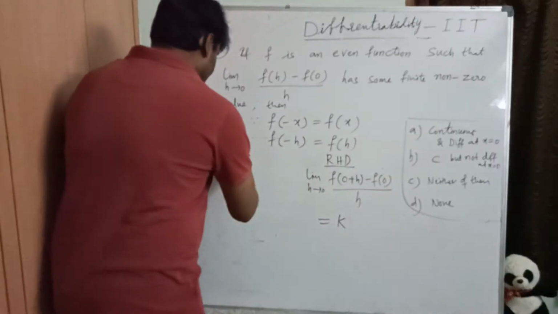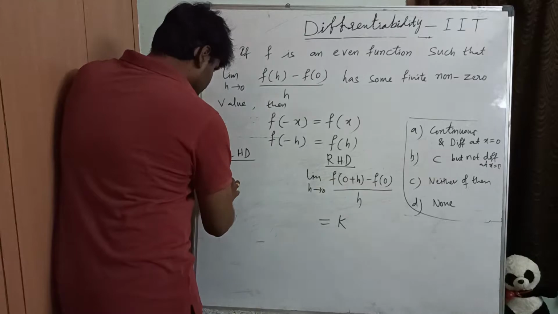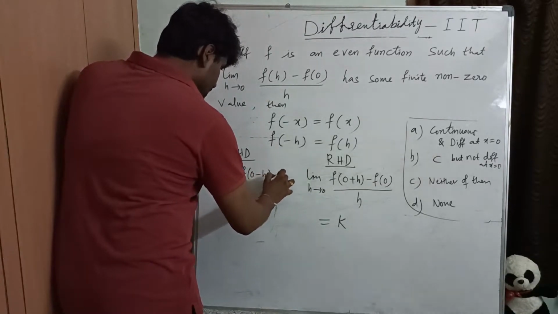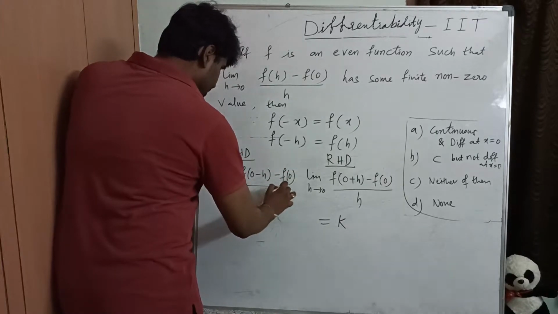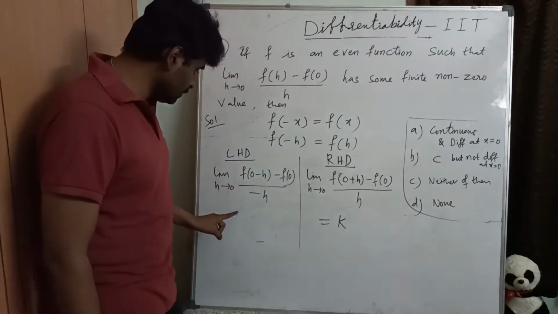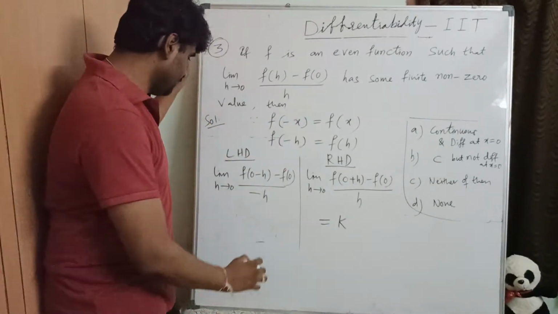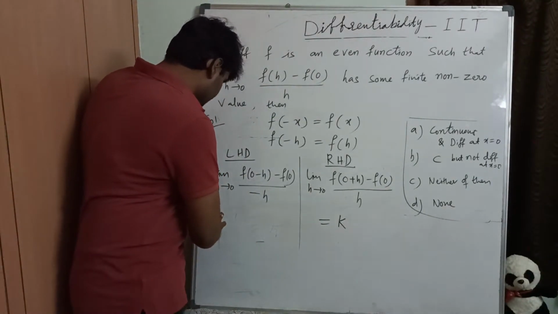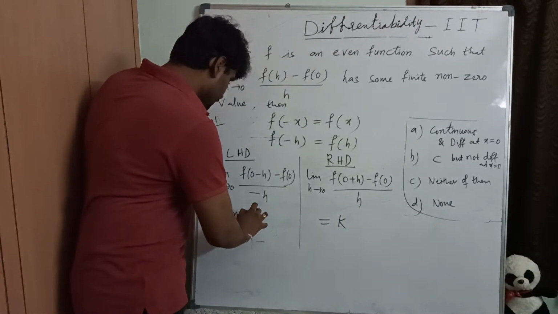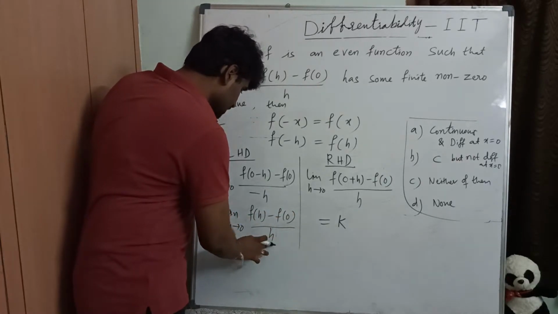Now let us go for finding LHD. Limit h tends to 0, f of 0 minus h minus f of 0 by minus h. This is the condition of LHD, as we know. Now f of minus h we can write as f of h. The minus I am writing outside: limit h tends to 0, f of h minus f of 0 by h.